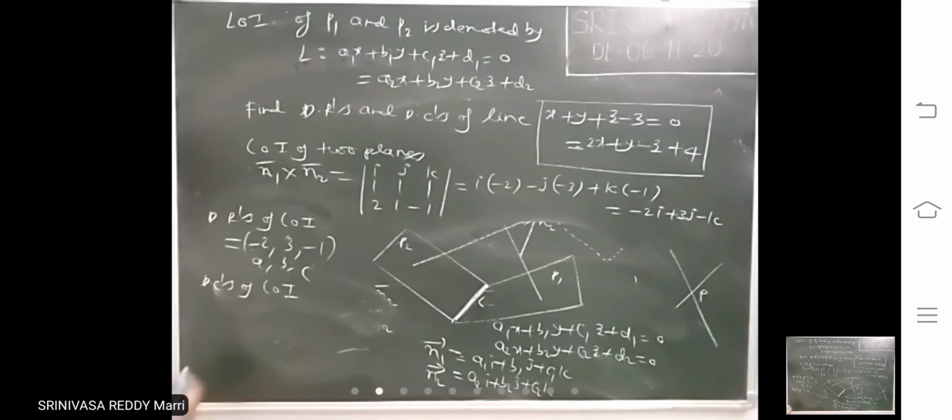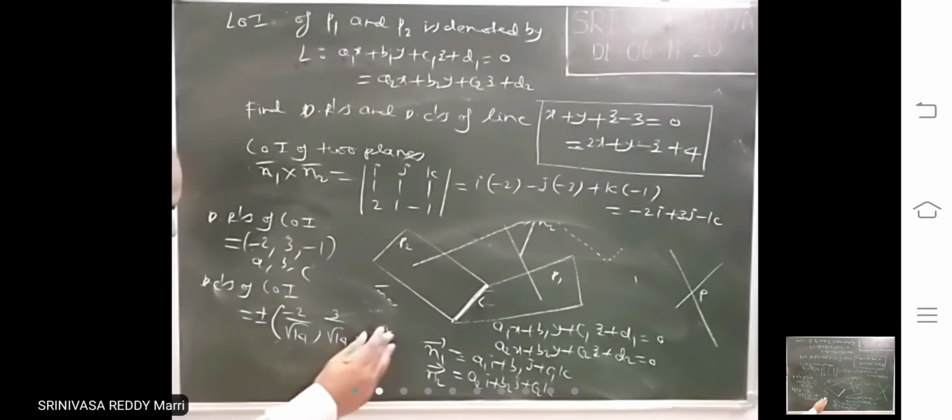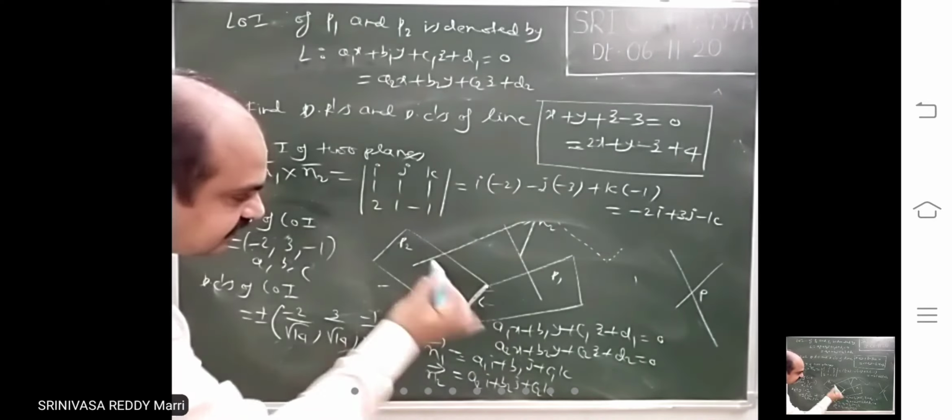The DCs of the line of intersection are plus or minus minus 2 divided by root of 4 plus 9 plus 1. That means minus 2 by root 14, 3 by root 14, minus 1 by root 14. These are the DCs of the line of intersection.